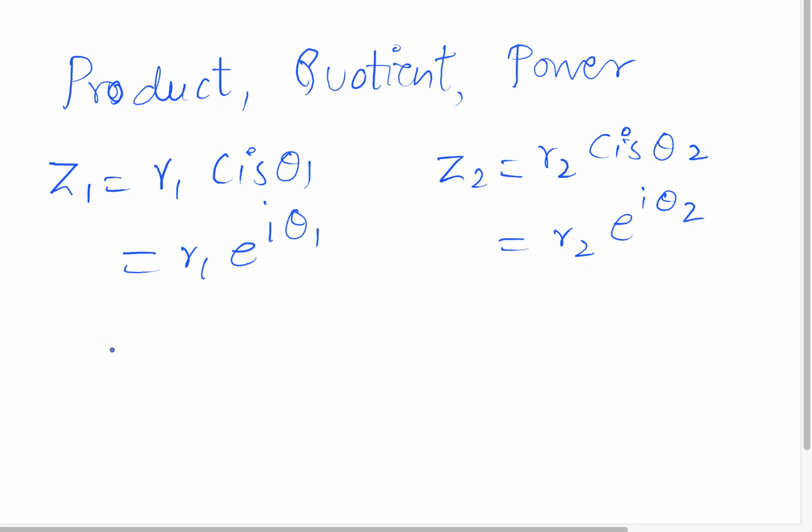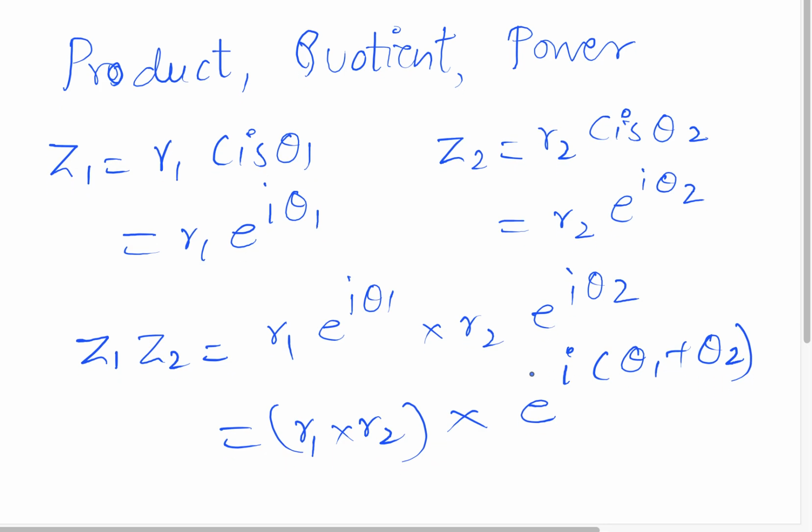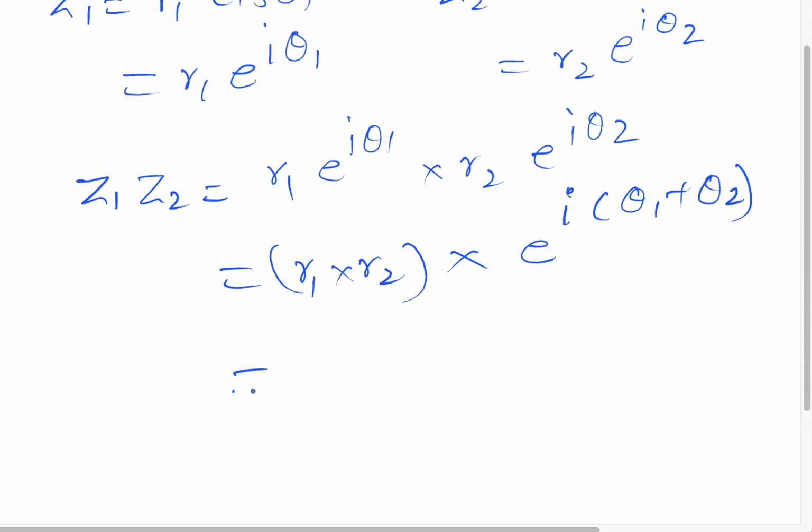Now if I have to multiply these two numbers, Z1 times Z2, if I do it in the Euler's form, it's very intuitive to understand what is happening. The base is the same, so I can multiply the modulus together, and for the indices, because the base is same, the indices get added, which means the modulus is simply the product of the two and the argument is the sum of the two.